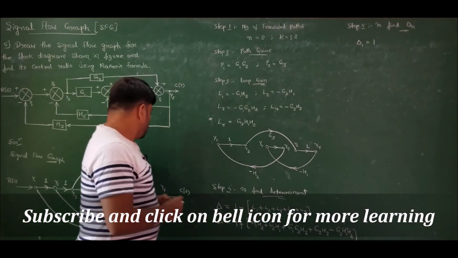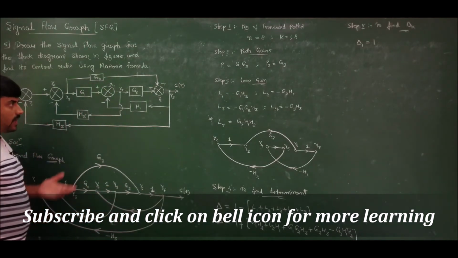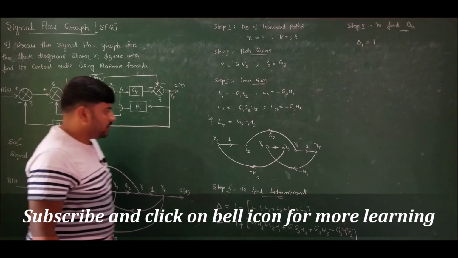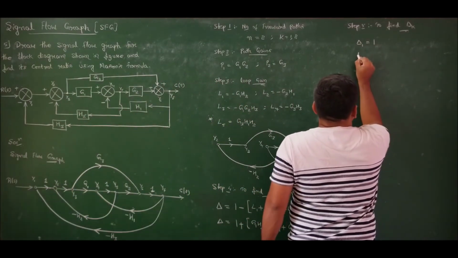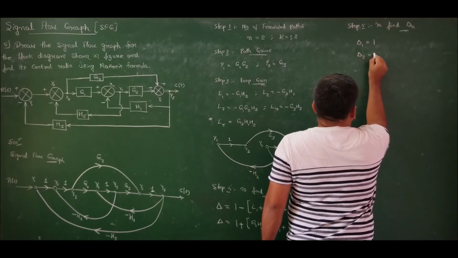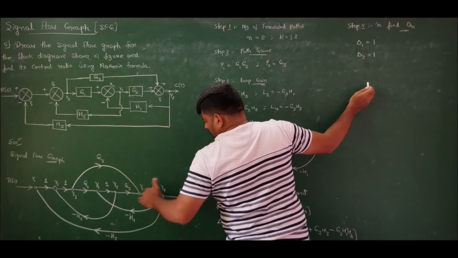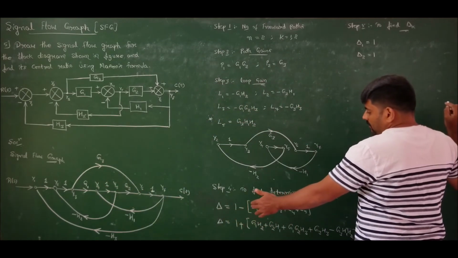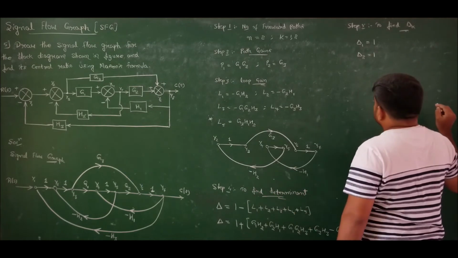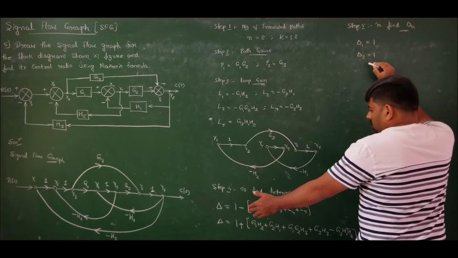If you observe, all the 5 loops are touching path 1. So if I eliminate all the loops, I am left with delta 1 as unity. Similarly for delta 2, all the loops are touching path 2. Therefore the value of delta after eliminating the loops which are touching path 2, delta 2, is also equal to unity.